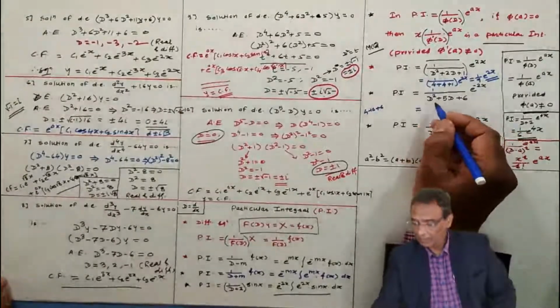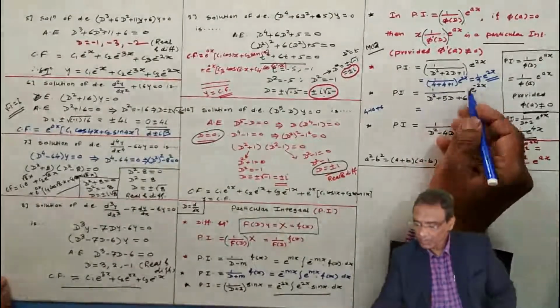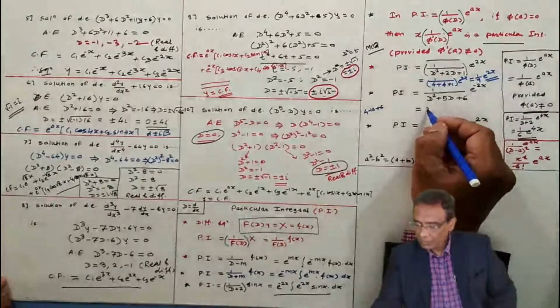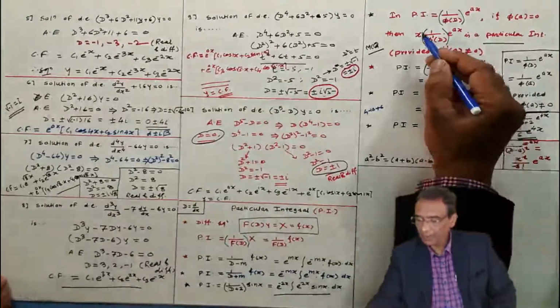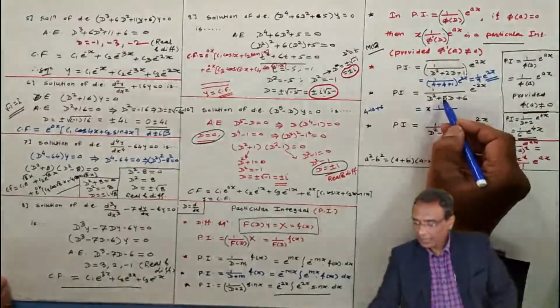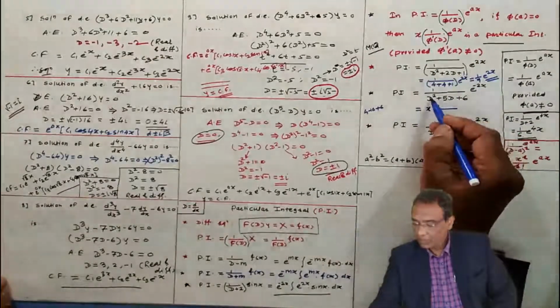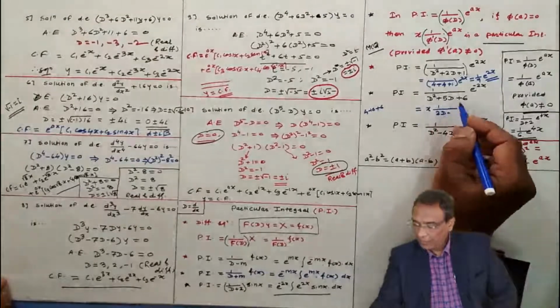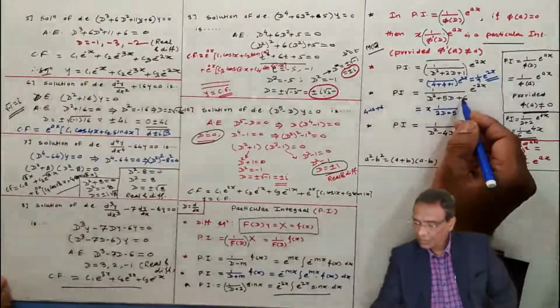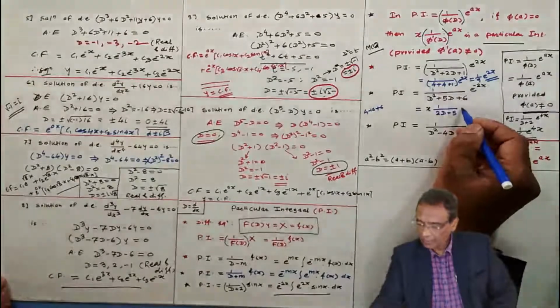In that case, if the denominator is going to become 0 for this value, what to do? Write down x outside of the operator here and take the derivative of this with respect to D. Well, the derivative of D square is 2D, the derivative of 5D is 5 with respect to D, and the derivative of the constant 6 is 0.